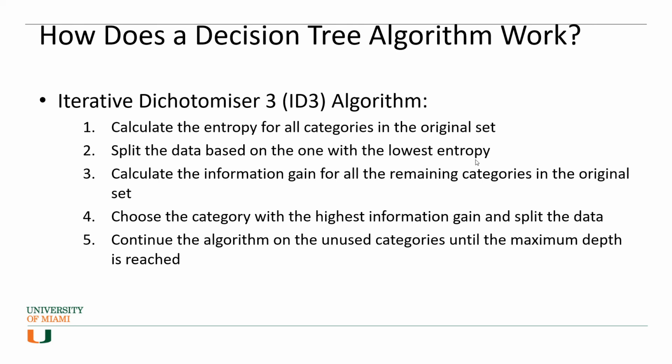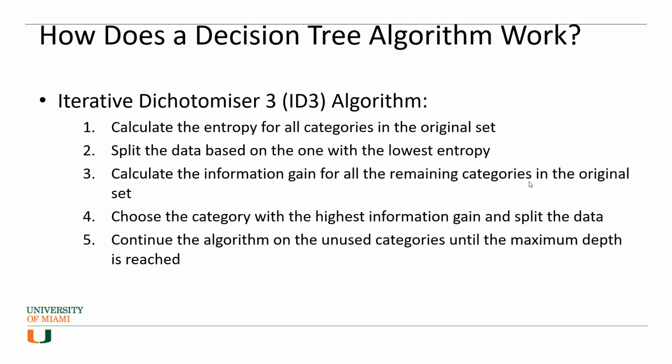And once you do that, you would be left with S-1 features. And then to choose the best feature among them, you would again calculate the entropy for each of those splits. And based on that, you calculate the information gain, and you would see which one gives you the highest information gain, and that would be the one that you would do your second split.